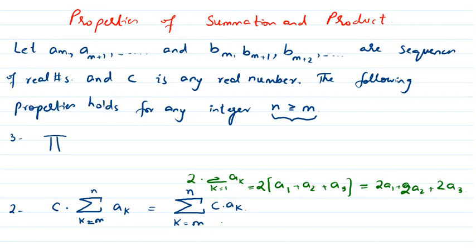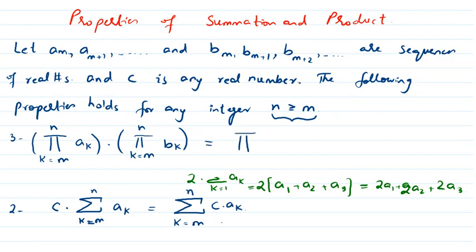Say we have a product from K equals M to N of A of K, and another product from the same span M to N of B K. This is equivalent to, same like summation, a single product pi from M to N, and these two terms are multiplied with each other, represented as AK dot BK.